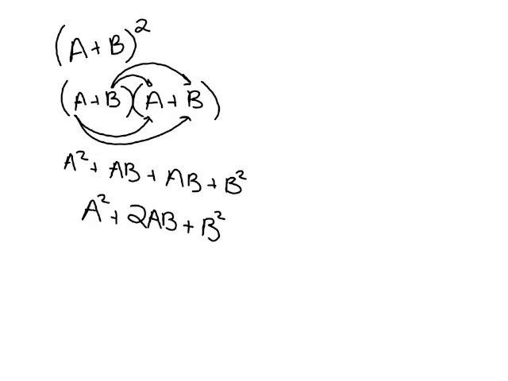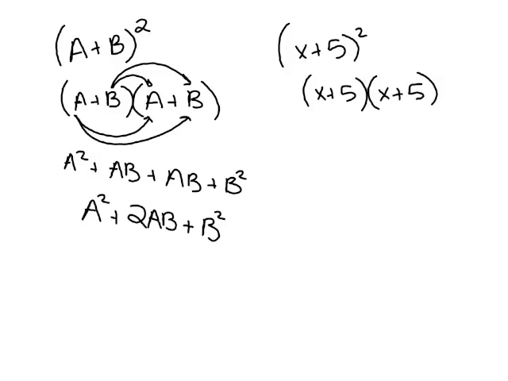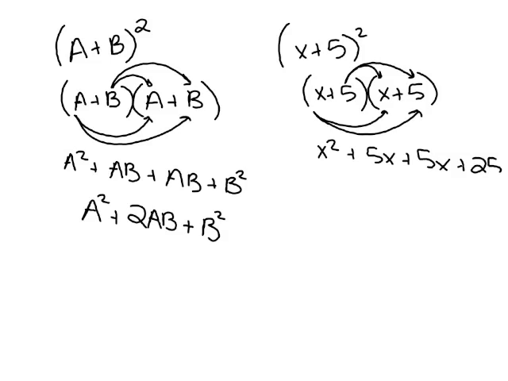That doesn't make a lot of sense, but what if I have it written like this? X plus 5 squared. How do I write that out? X plus 5 twice: x plus 5 times x plus 5. Now FOIL it. X squared, plus 5x, plus 5x again.